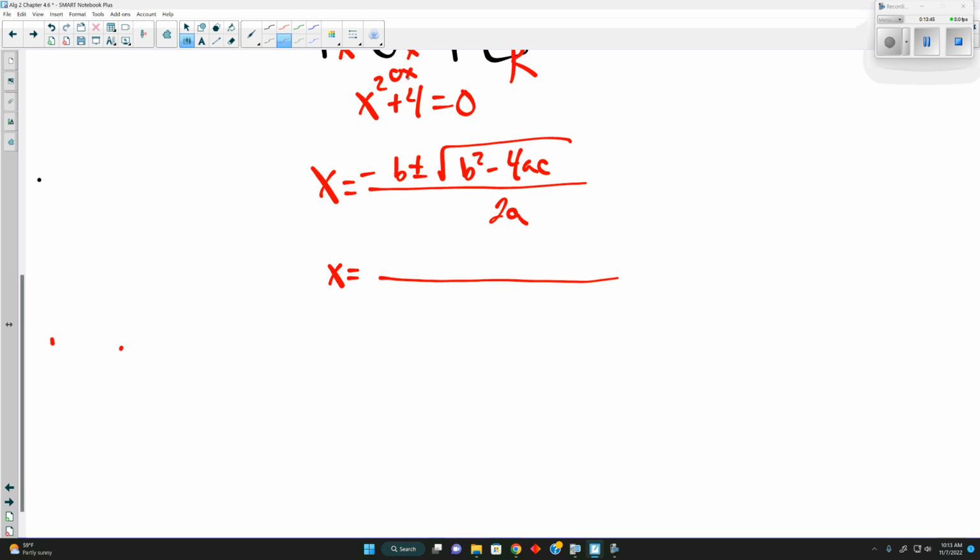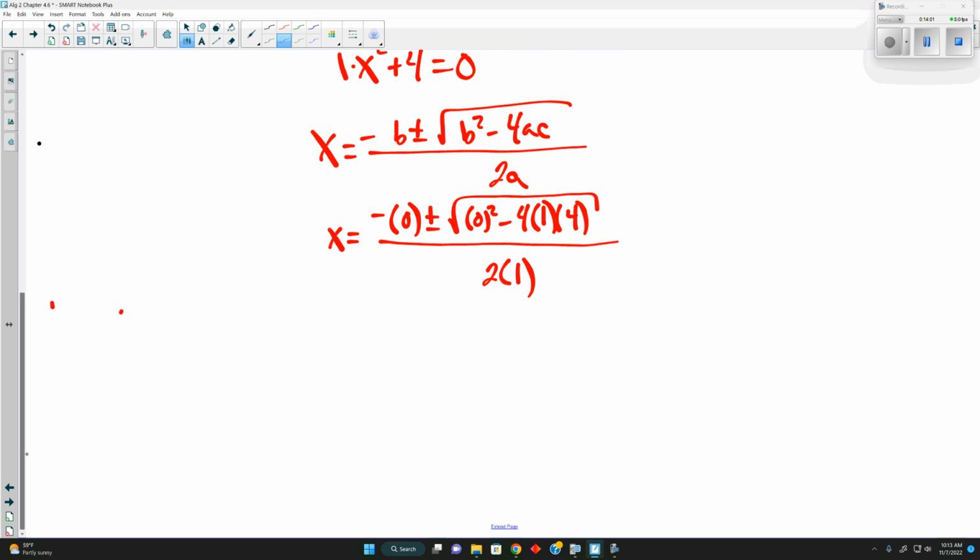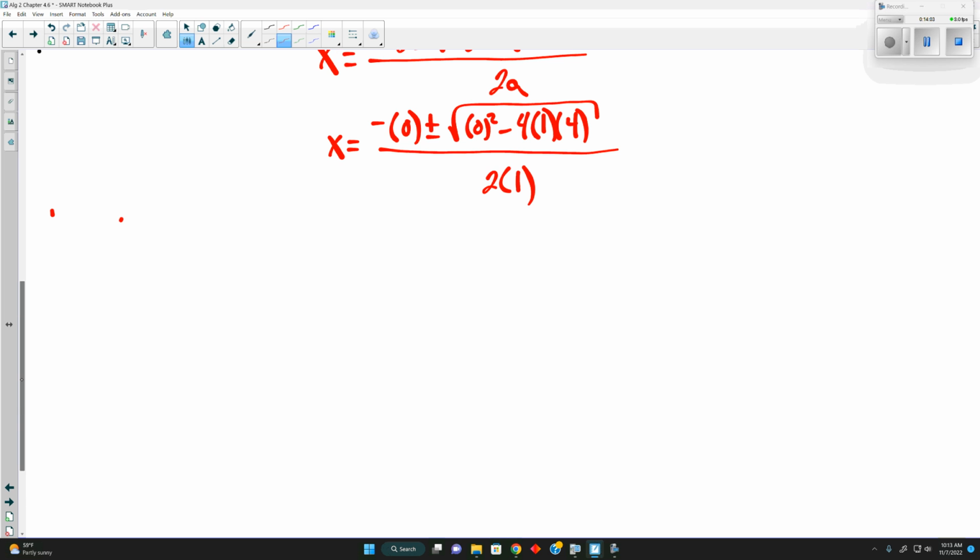So what we're saying if we plugged it in is negative 0 plus or minus the square root of 0 squared minus 4. Well, a is still 1. C is 4 over 2 times 1.